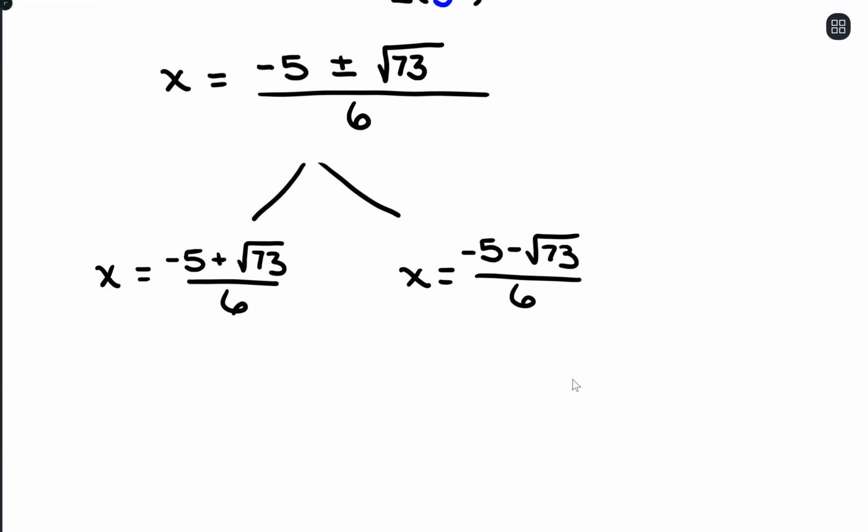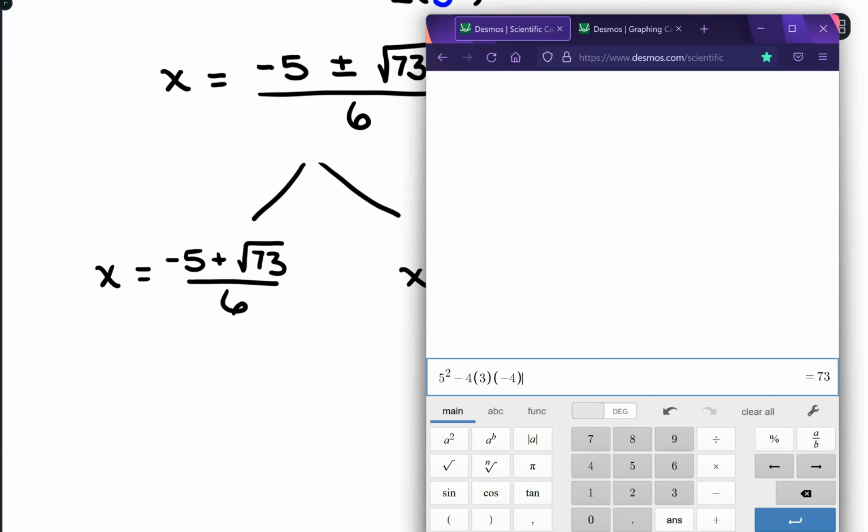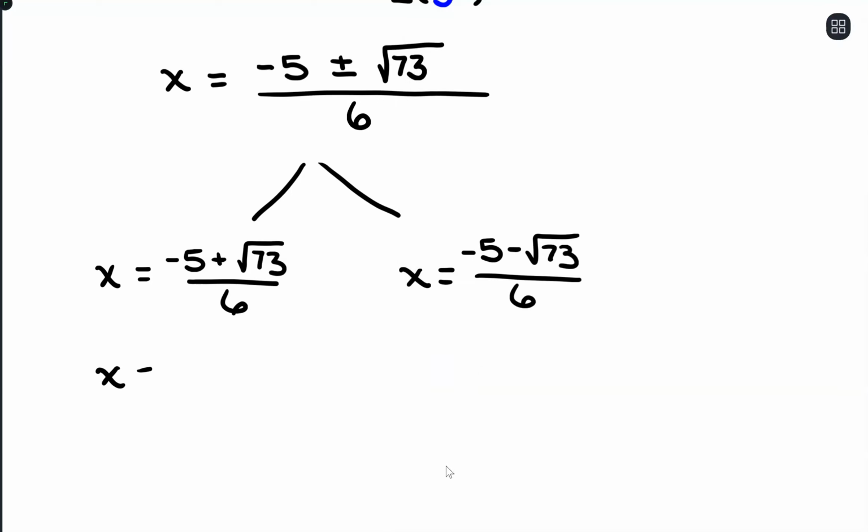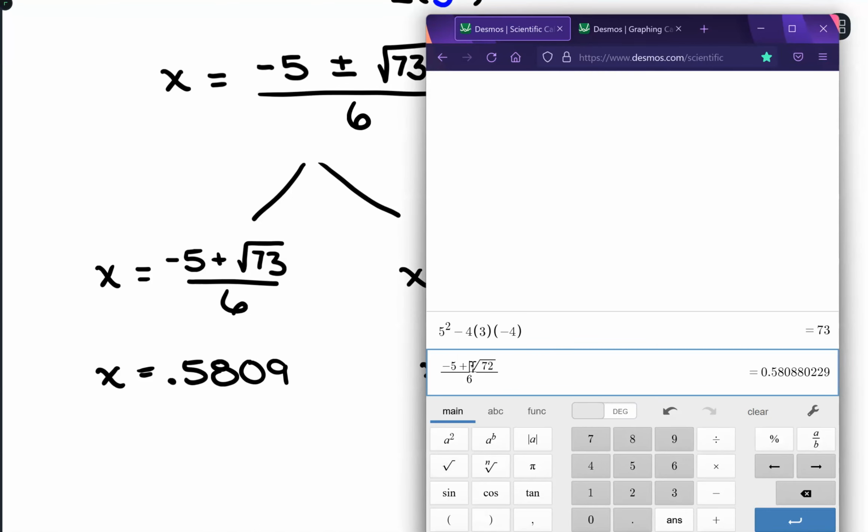And with that, I'm going to go back to the calculator. I'm going to start a fraction where we'll have negative 5 plus the square root of 73 over 6, which is 0.5809. And then the other solution is coming from if we have subtraction in that numerator.